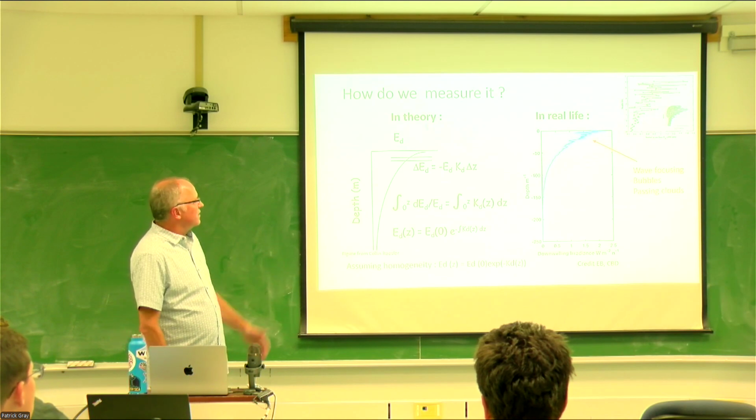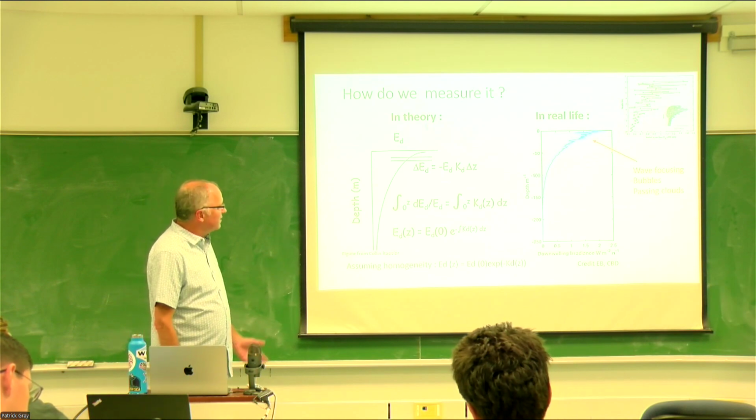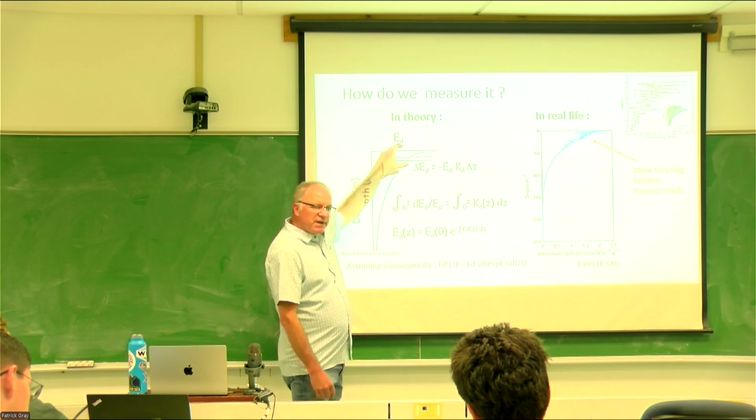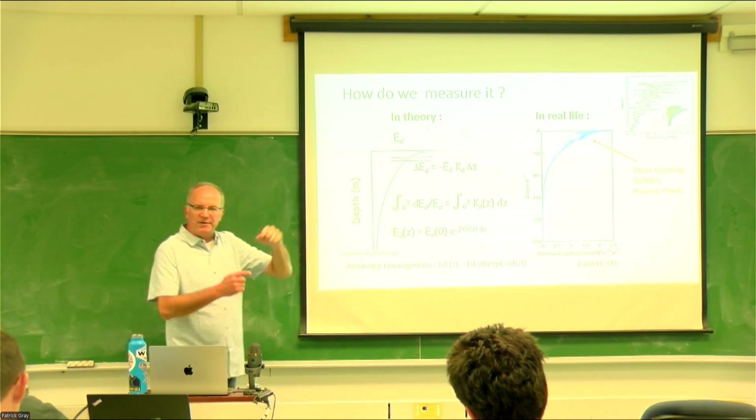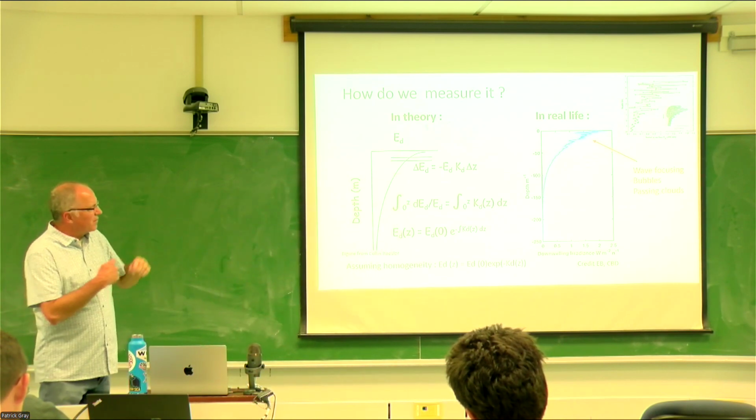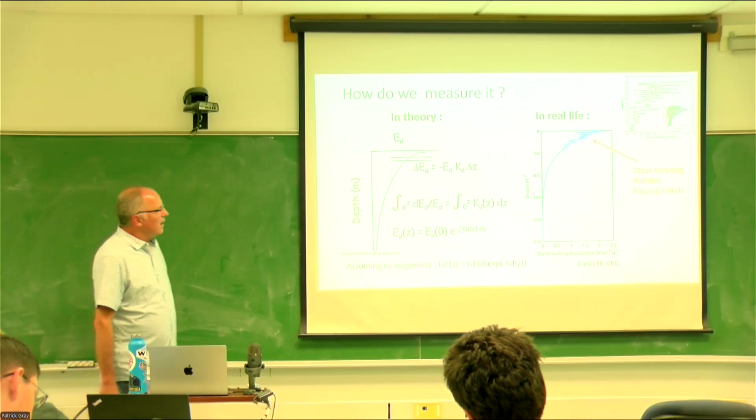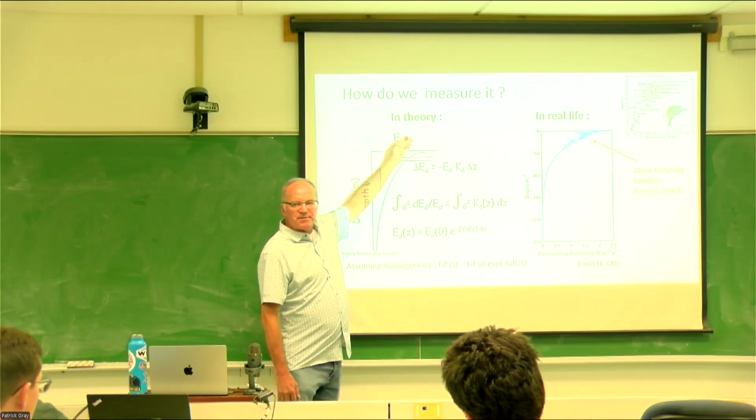So how do we measure this? In theory, you take some depth intervals and calculate the derivative over those depth intervals, normalized by the irradiance just below the surface.